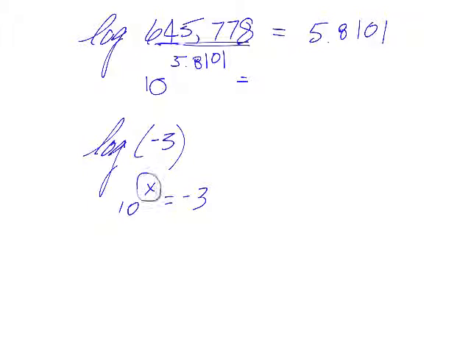We cannot have a number there for x that when we take 10 to that power, we're going to get a negative number, or to get a -3. Okay? The number 10 raised to any real number power is got to be a positive number. So, common logarithms of a negative number do not exist as real numbers. And we'll get into some changes and all that later on.